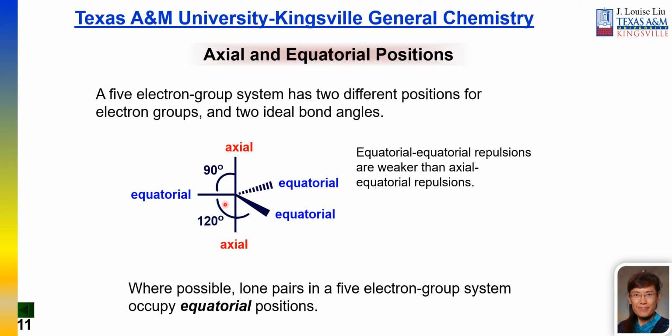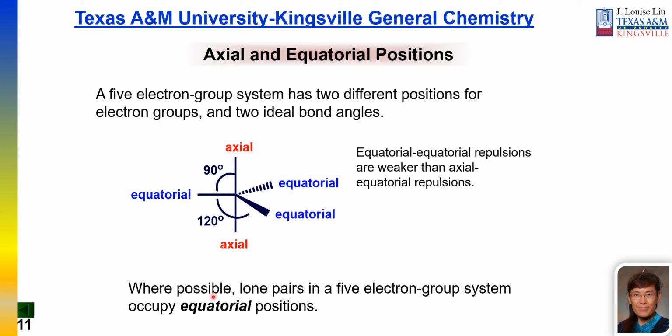These equatorial positions are located at the equator. The axial positions are essentially perpendicular to the equator. The angle between an axial and an equatorial position is perpendicular, meaning you have 90 degrees. The bond angles between equatorial and equatorial positions are going to be 120 degrees.